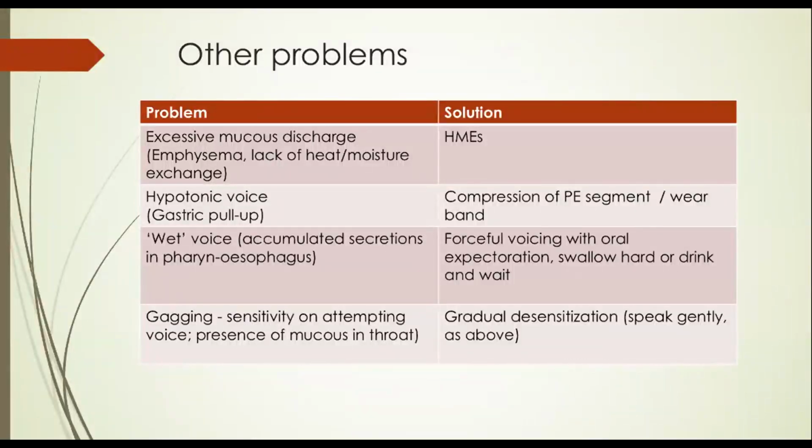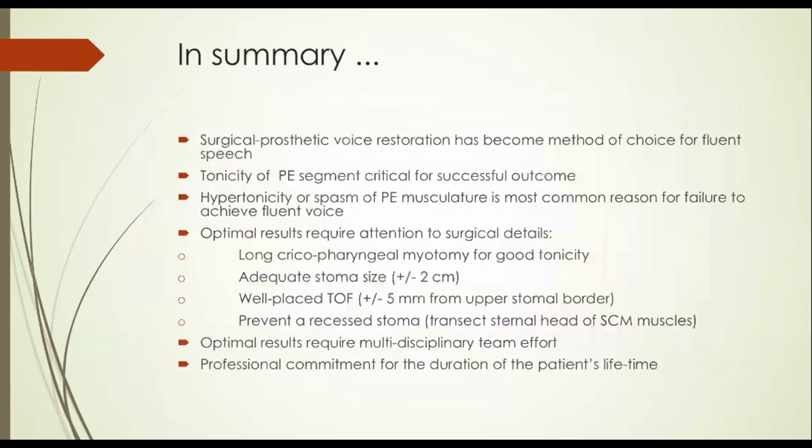You want to look at thinning out the mucus, but also getting the mucus out by coughing it out. And then desensitization with speaking, lots and lots of practice in that initial stage so that they can get used to it. With that desensitization, it's also sometimes getting them to push through the voice production and not stop when they gag, because if they stop, they don't get desensitized to the feeling.